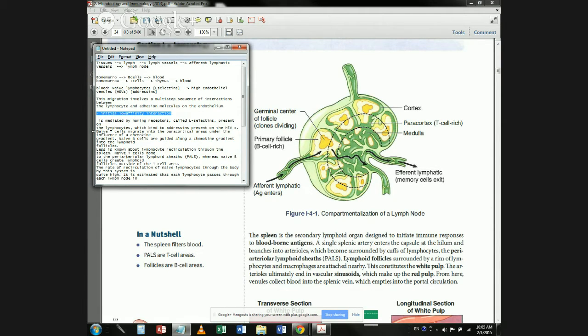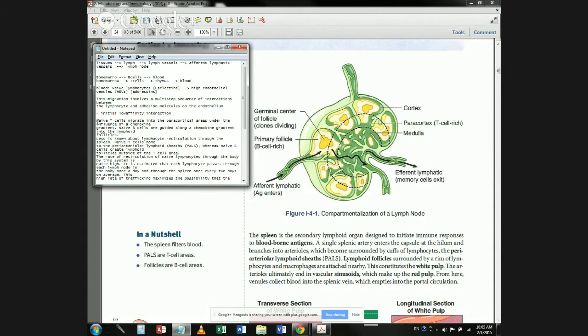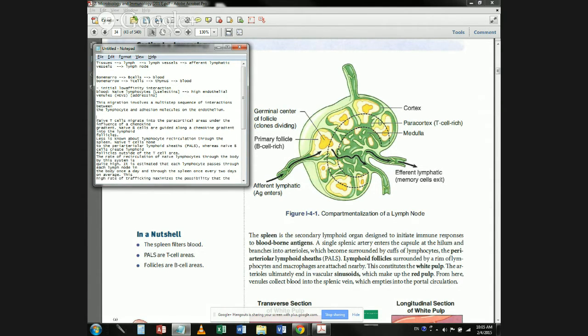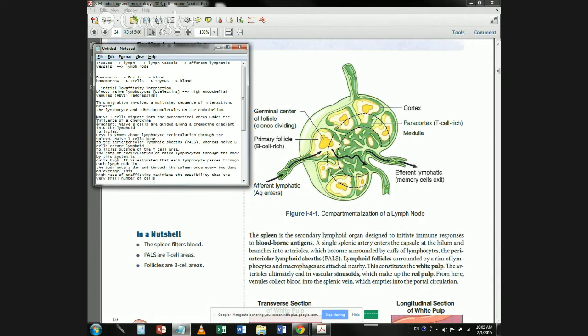Okay, so we get that. Naive T cells, right? They bind a little bit. So that's the initial low affinity. Naive T cells will then migrate into the paracortical areas.